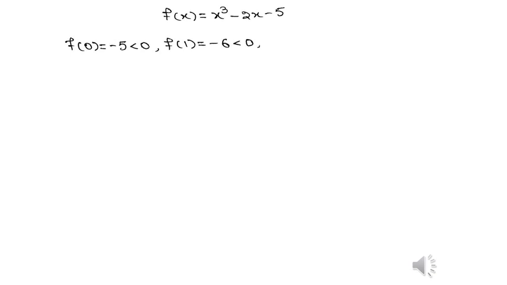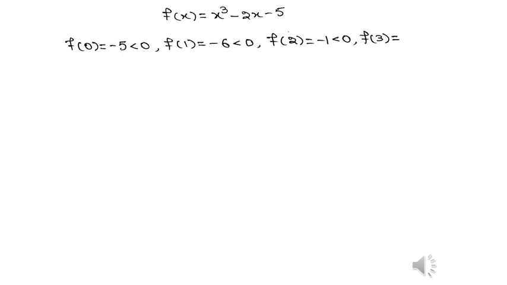Now let us take x equal to 2. F of 2, if you place x equal to 2 in this, you will get minus 1. Again you got negative only. That means we need to take another value of x and check. Let us take 3 and find f of 3.